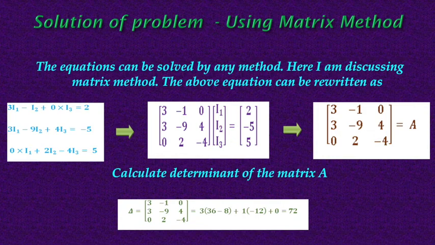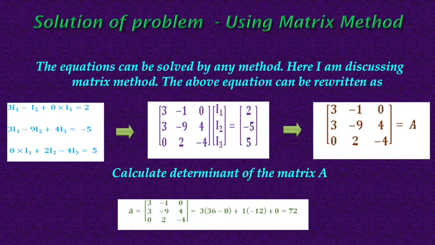The matrix form of the above equations is the coefficient matrix times the column of I1, I2, I3 equal to the column 2, minus 5, 5.